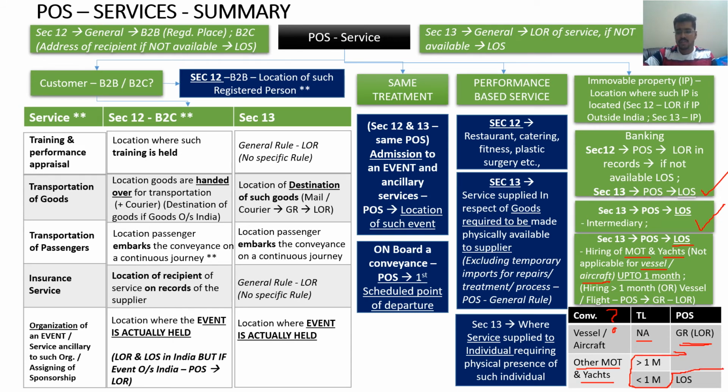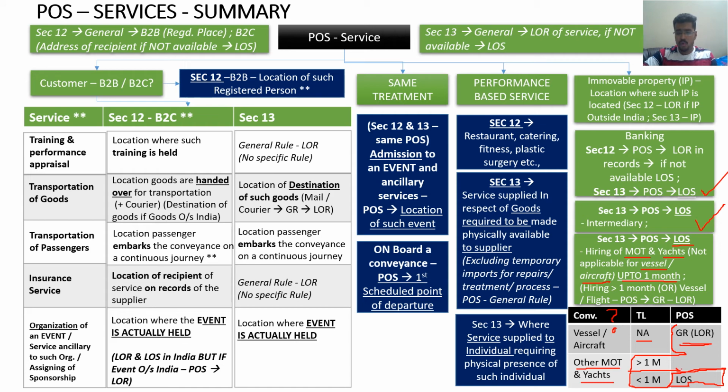Because that makes the difference. If it is going to be less than 1 month, that's what we saw, up to 1 month, place of supply will be the location of supplier, right?